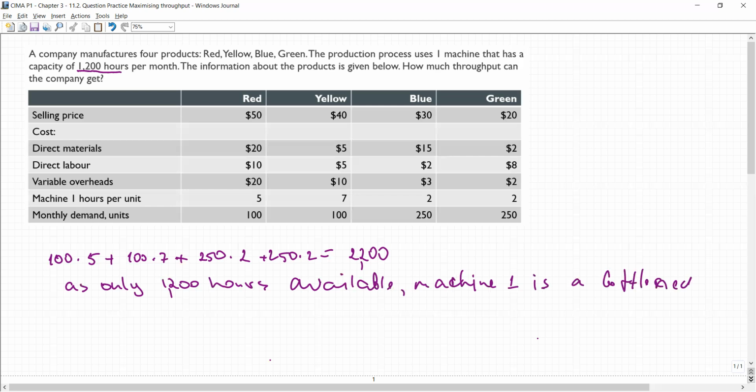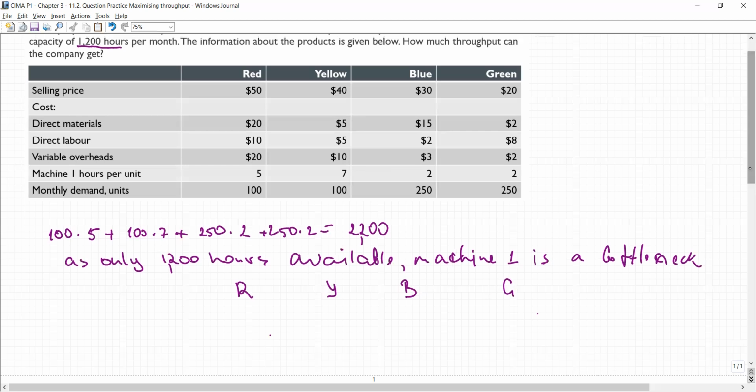Okay, as such, we need to find the throughput per unit of bottleneck resource. We say, okay, how about we maximize how much we get for this machinery? So we will need to find the throughput. And throughput is sales price, so for product R, it's 15, less direct materials.